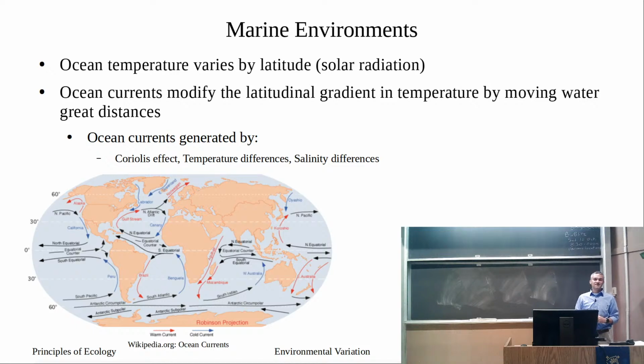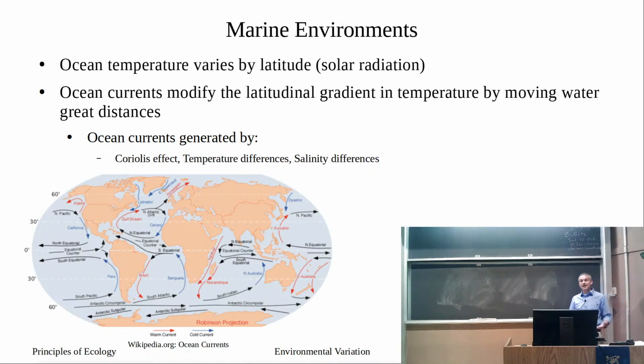Yeah, you can put an egg in salt water and it floats, right? You put an egg in fresh water, it kind of drops. So salt water is going to be more dense.